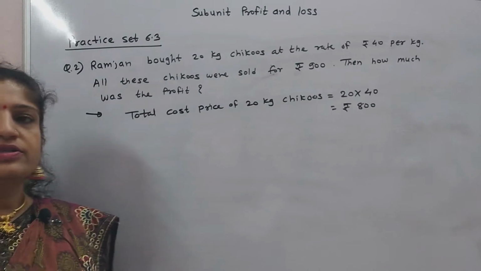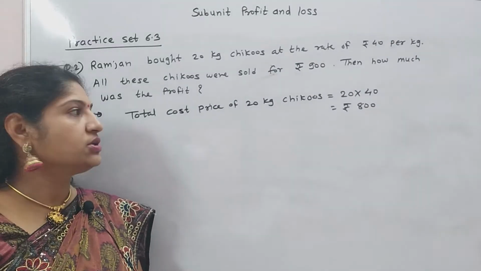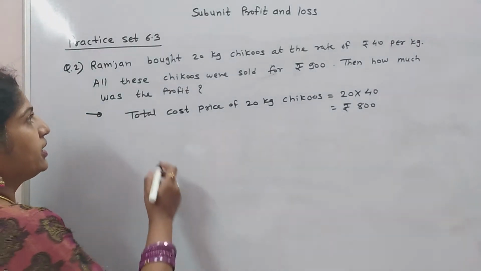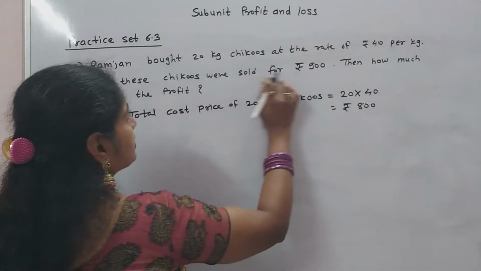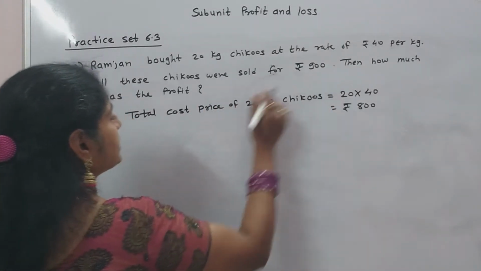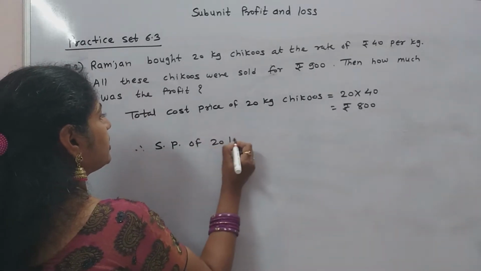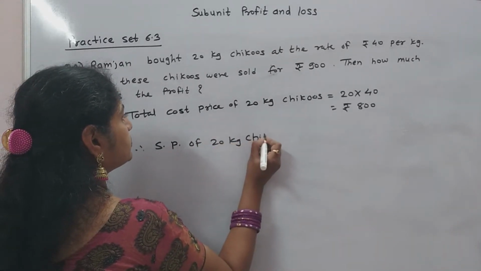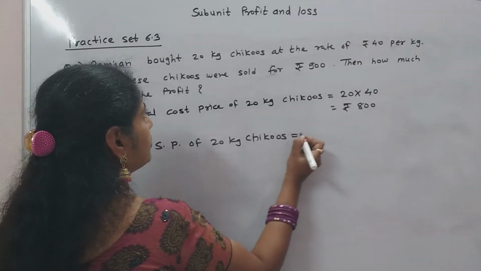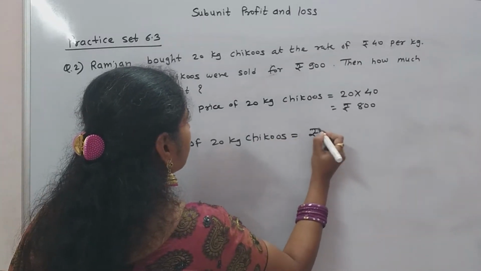The cost price of the 20 kg chiku is rupees 800 and they were sold for rupees 900. So selling price of 20 kg chiku equals rupees 900.